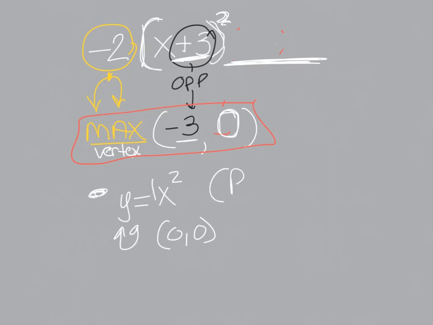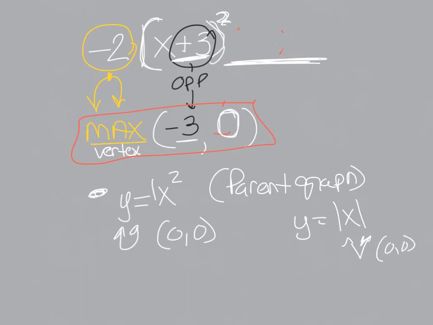This is what they call a parent graph. It's at the origin, there's nothing added to it, you know, it's not going sideways or up and down. All right, like the parent graph for absolute value would be y equals absolute value of x. And it would also be a positive V, and the origin would be the vertex. Okay?